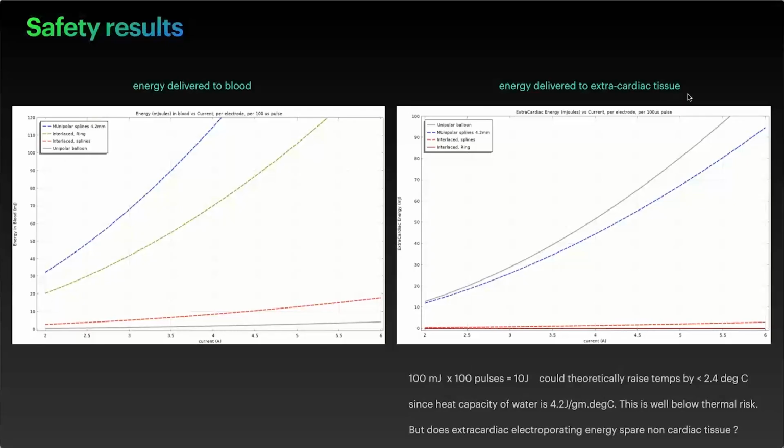But in terms of extracardiac tissue, the interlaced ring does very well, which is its main merit, but the penalty in efficacy is large. I did not bother with thermal simulations at this point because we're still talking of very low levels of energy given how short the pulses are, but it is something to explore later on.